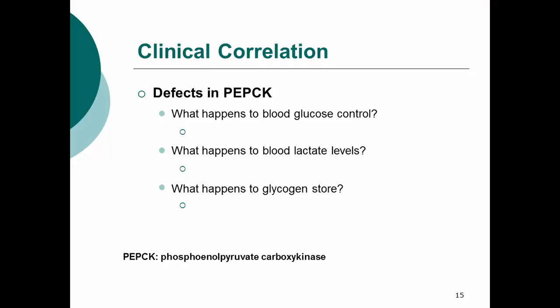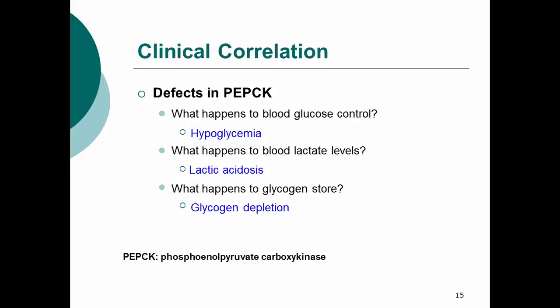And the two clinical correlations, I just want you guys to understand this whole process. There are key metabolic pathways, gluconeogenesis, and the metabolic pathway of glycogen breakdown. And with the two key enzyme deficiencies, what happens to blood glucose control and lactate levels and the glycogen store?